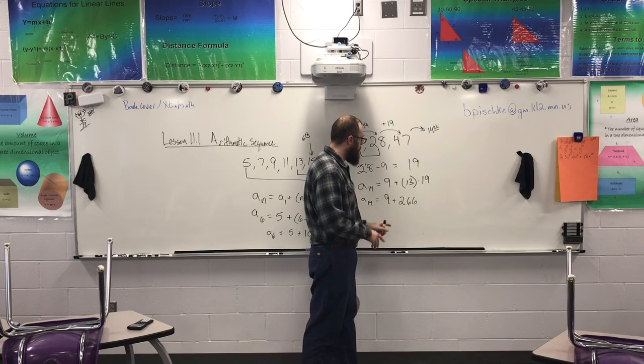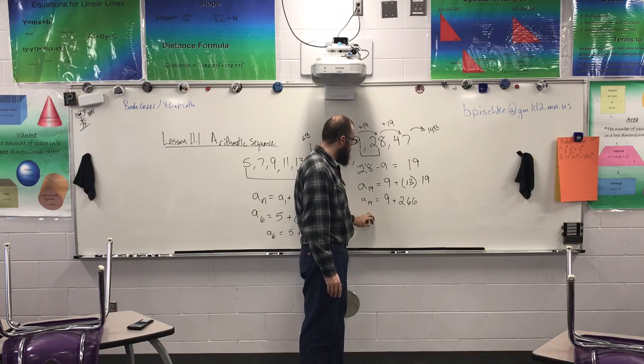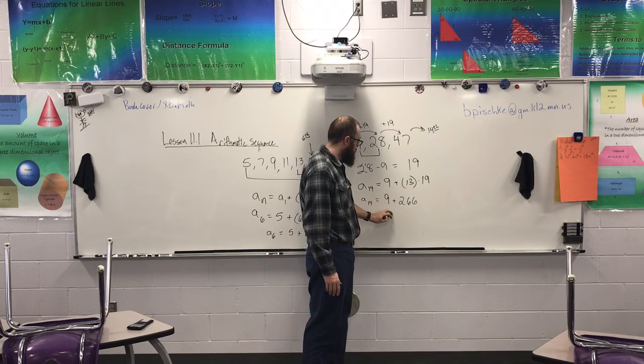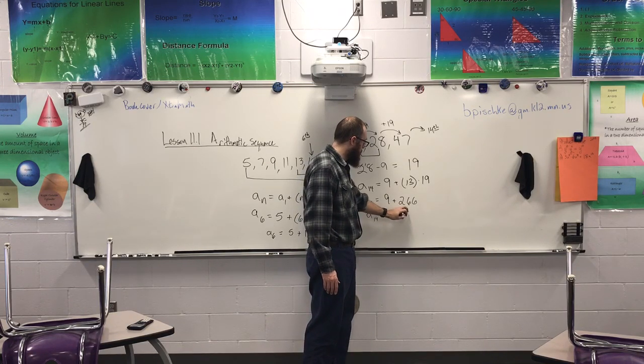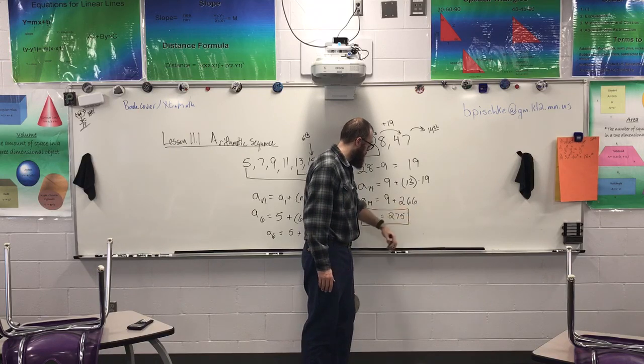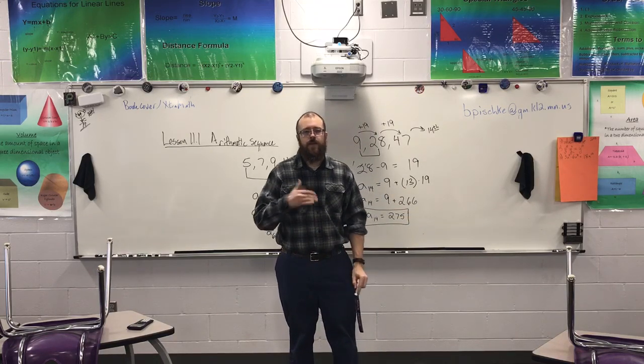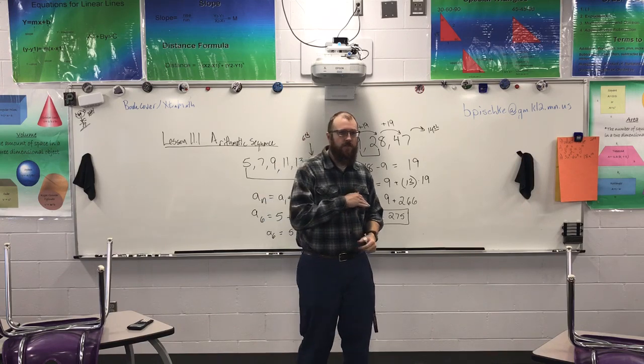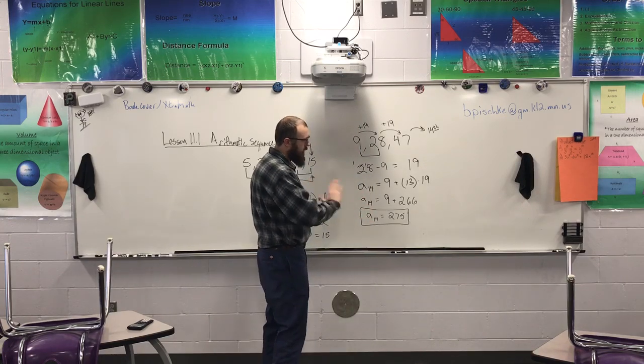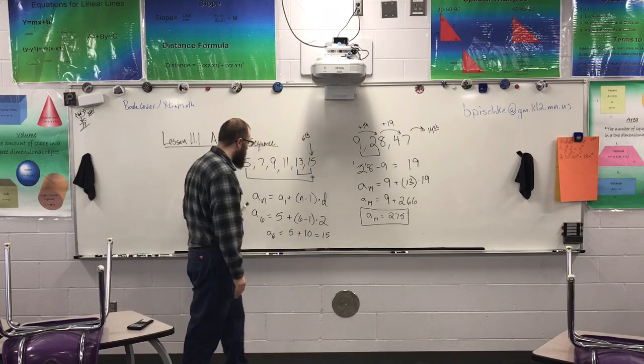So a sub 14 is 9 plus 266, which gives me 275. That gives me the ability to jump to any point in any arithmetic sequence as long as I use my formula.